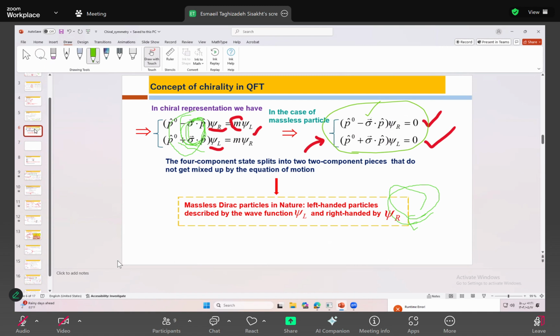In graphene, near the Dirac cone, HX HY is linearly approximated. In that case, it is very analogous to the massless Dirac particle near the cone, the K valley and the K prime valley. So would you make one page for this context? Yeah, I see. Okay.